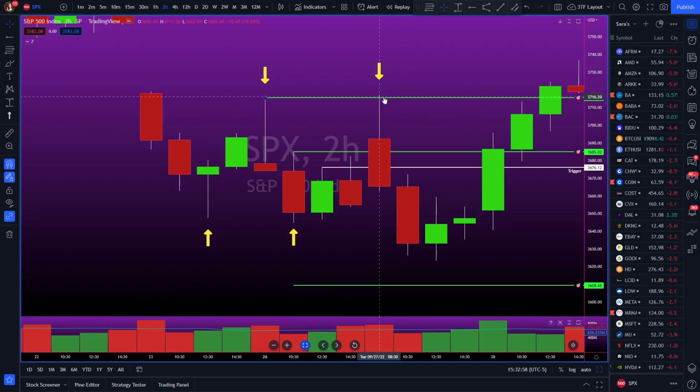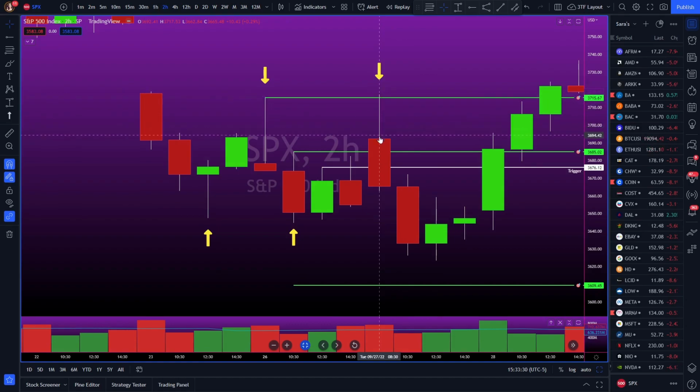Then when you get really good, like we did down here, you can play both ways. So you could have been short from here to here. Then you flip and go long from here to here. You're exiting here. There would have been a smaller time frame reversal in here that would have told you to go down. But again, we made a new high.